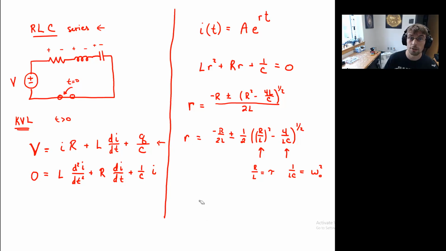When we were dealing with LC circuits, you had that oscillatory nature that was dictated by 1 over LC. So you can already see that little r has a mix between that exponential decay and the oscillatory nature. We're going to focus in more on that.